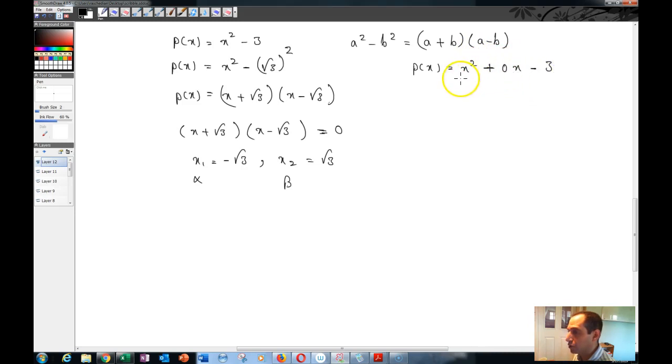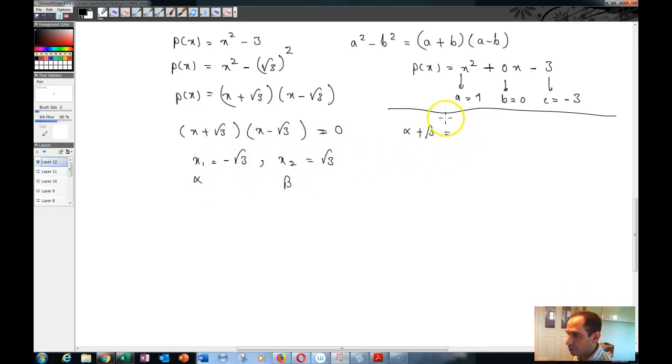That means that your a is equal to 1, your b is equal to 0, and your c is equal to negative 3.